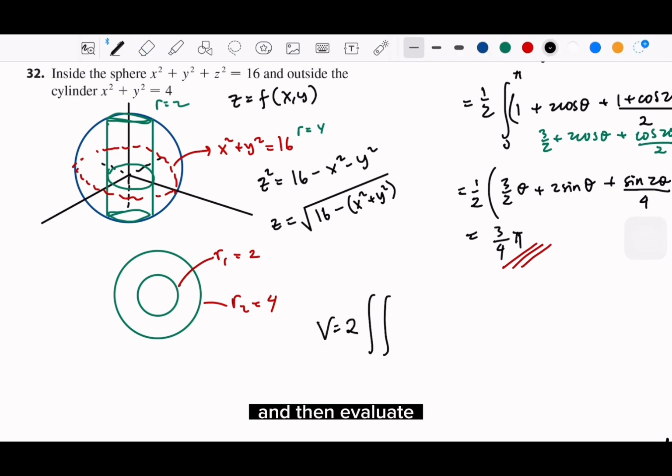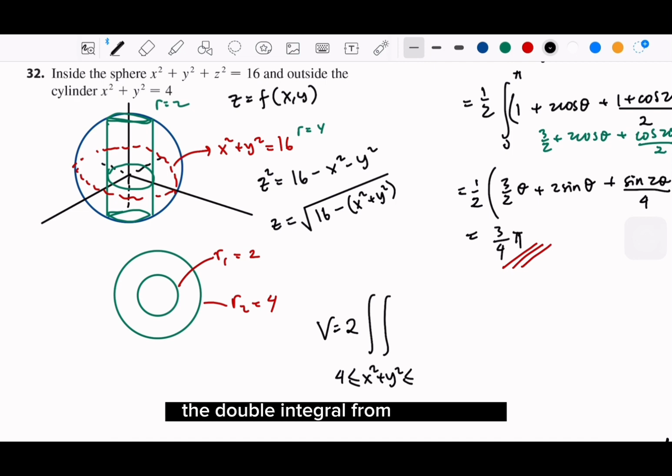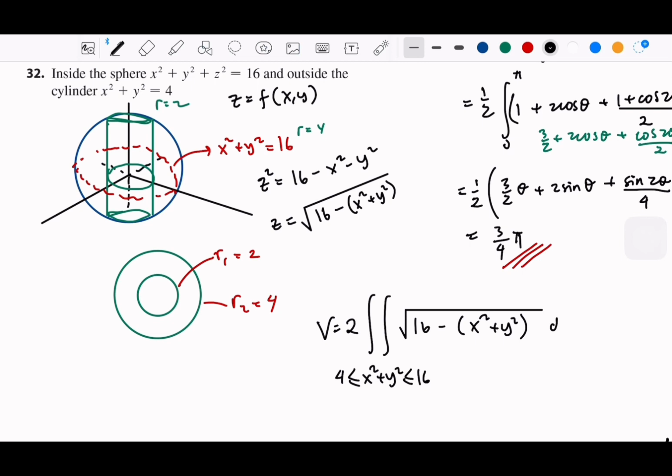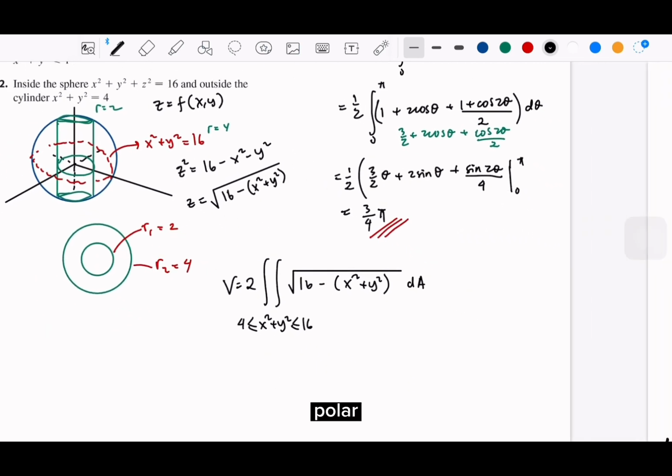And then evaluate the double integral from radius 2 to 4. Okay. And let me write in terms of xy first, and then we convert to polar.